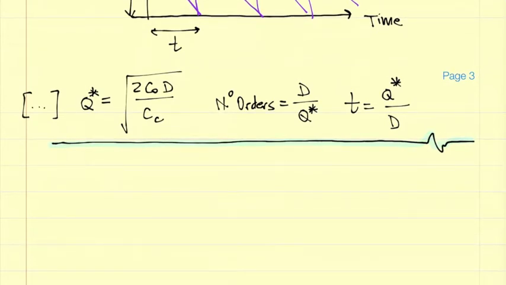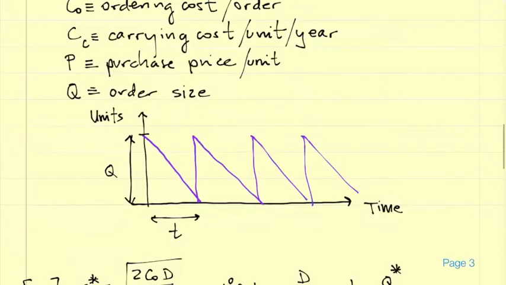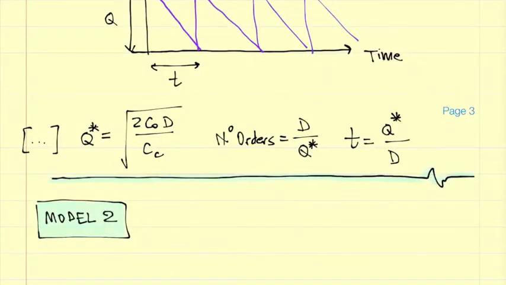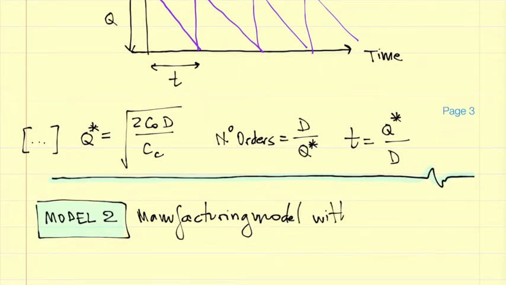No questions, okay. So model number 2. Model number 2 is the so-called manufacturing model, without shortages.